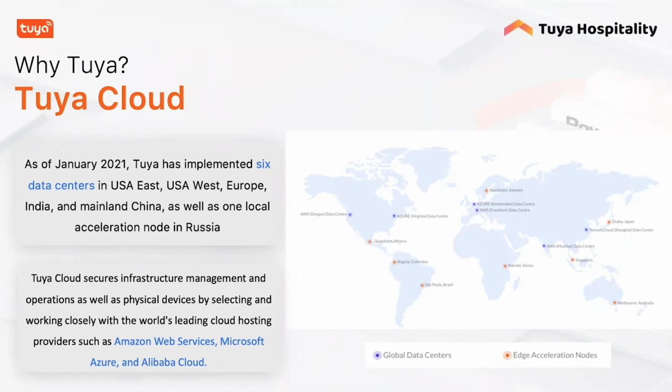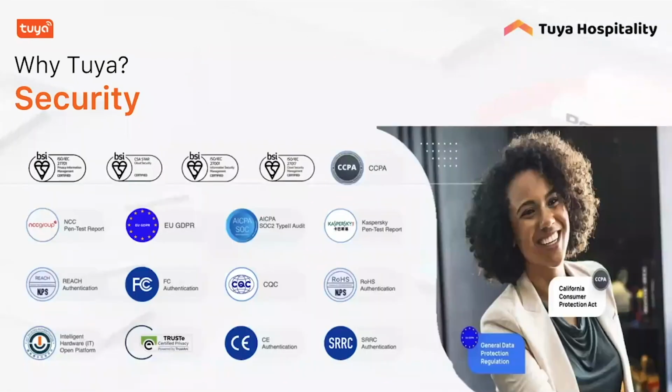Tuya Cloud secures infrastructure management and operations as well as physical devices by selecting and working closely with the world's leading cloud hosting providers, such as Amazon Web Services, Microsoft Azure, and Alibaba Cloud. Tuya also has a sizable team of professional information security experts and a comprehensive information security system, including the implementation of strict software development security and the construction of an advanced security attack and defense system.